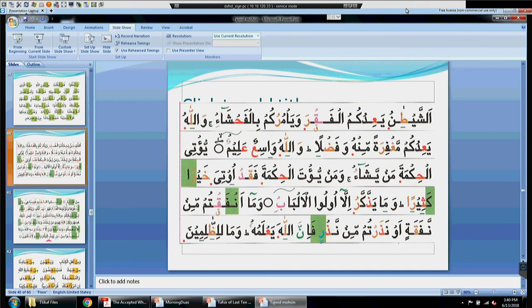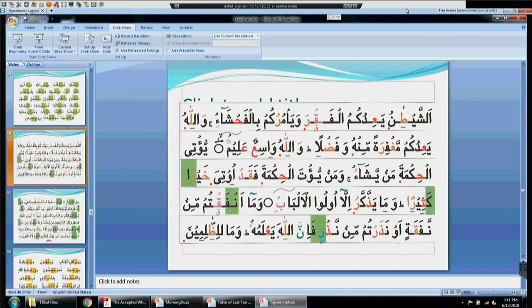Let me just make sure I know the ayah, so we can also read it from the Quran. So it's Surah Al-Baqarah, ayah 268.